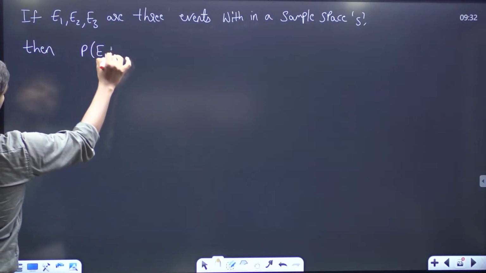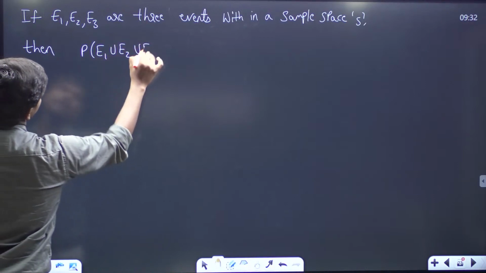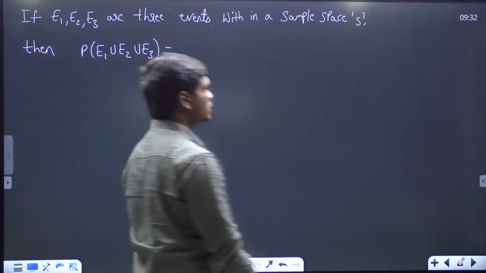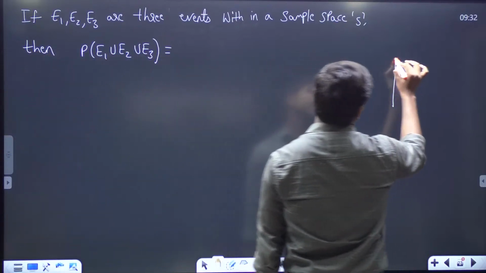P of E1 union E2 union E3 is equal to, similarly if you draw a Venn diagram, you can see the things. I'm just giving you the Venn diagram.